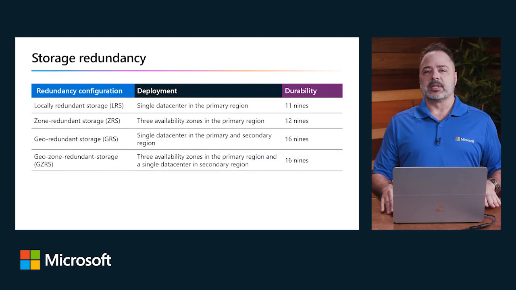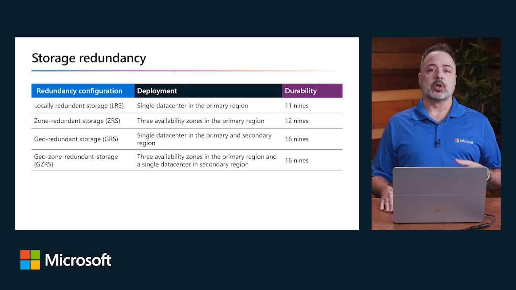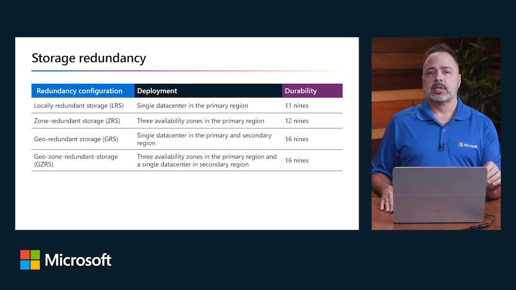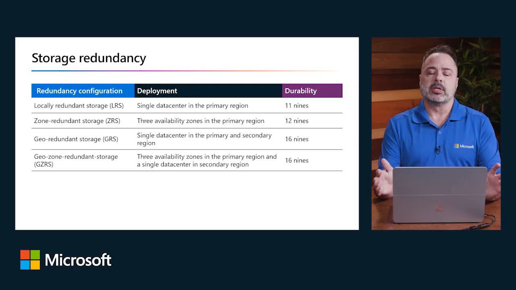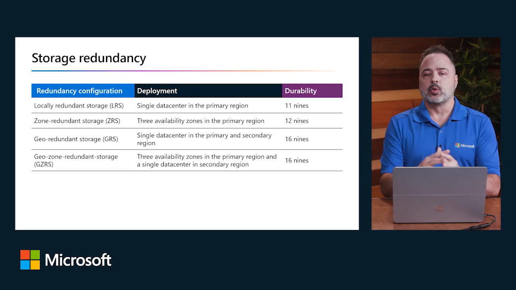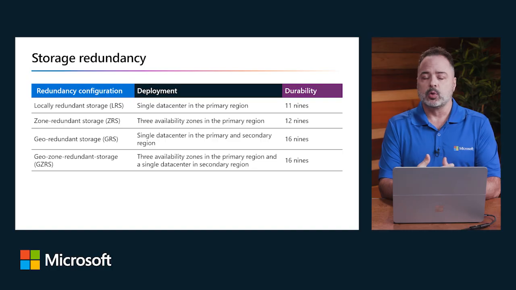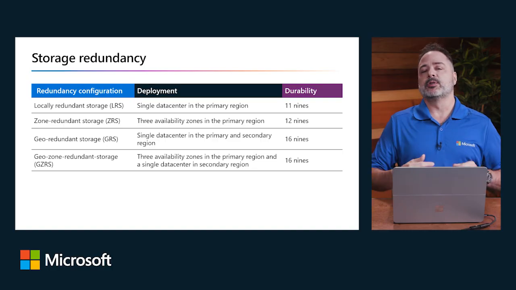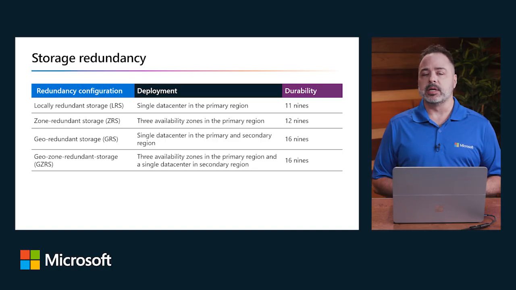As I mentioned previously, you need to configure how your storage account will manage redundancy. So let's compare the different configurations. Locally redundant storage, or LRS for short, replicates your data 3 times within a single data center in the primary region.